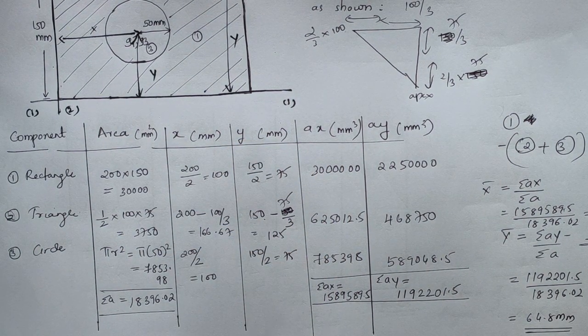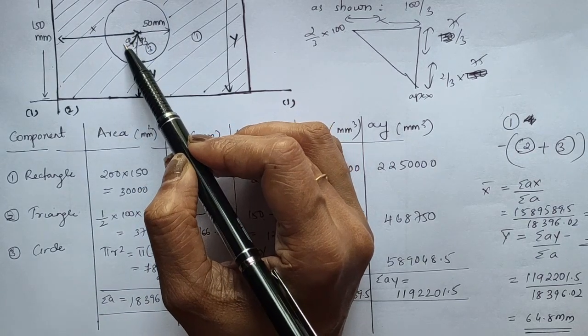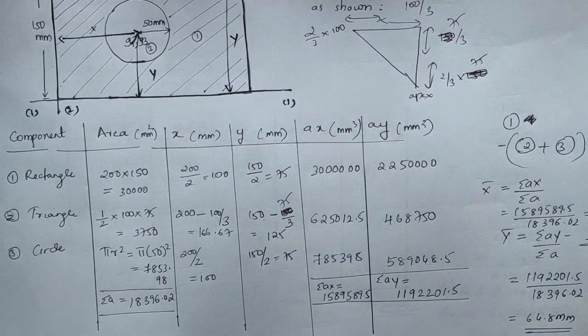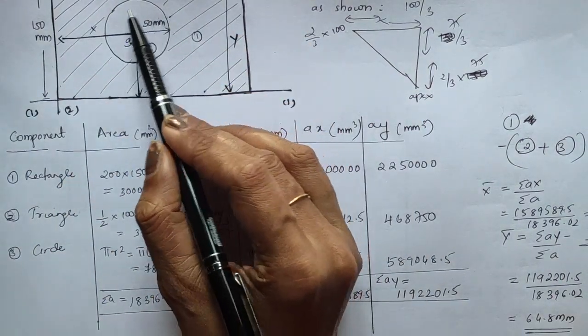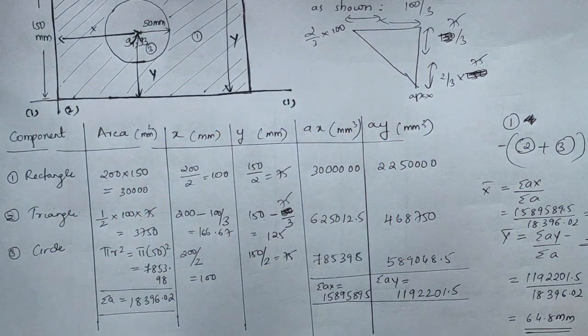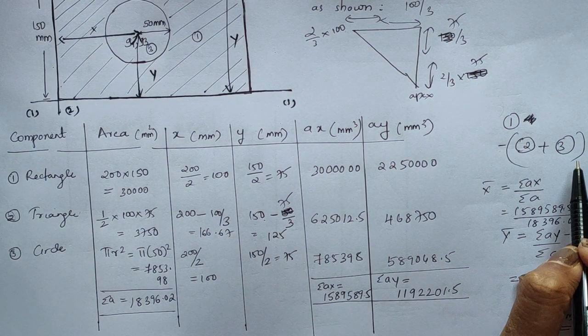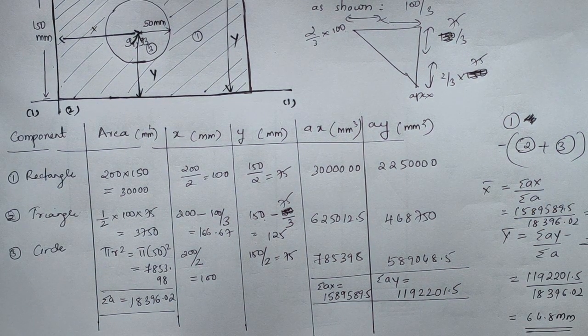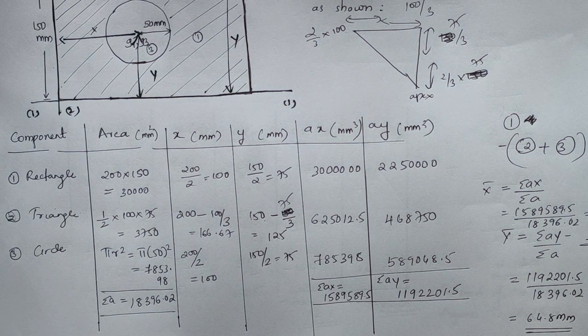So what you need to do is, from this big rectangle, you need to subtract this circle because it is not shaded, and this triangle because it is not shaded. So obviously from this big one, you need to subtract out 3 and you have to subtract out 2. So our equation becomes 1 minus 2 plus 3, because you need to cut out 2 and 3, then only you will get the shaded region centroid from 1.